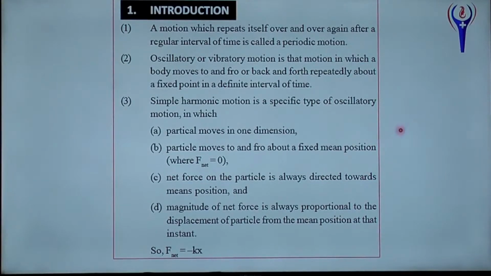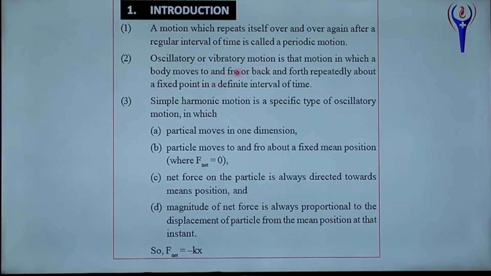What is the interval of time? 1 year or 365 1/4 days. That we are saying 1 year, 1 annual period. Okay. So that is a periodic motion, repeating itself over and again in a given interval of time, but it is not oscillatory motion. It's going round. Okay. That's why these two are different. Oscillatory motions are periodic, but all periodic motions are not oscillatory.